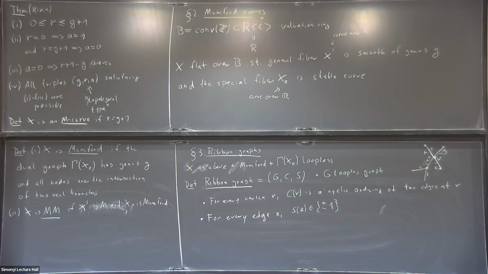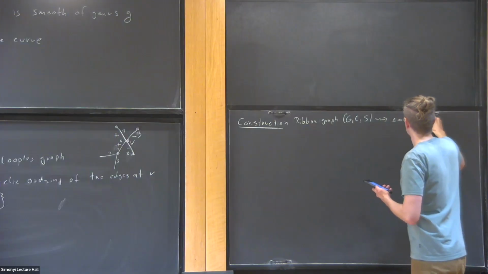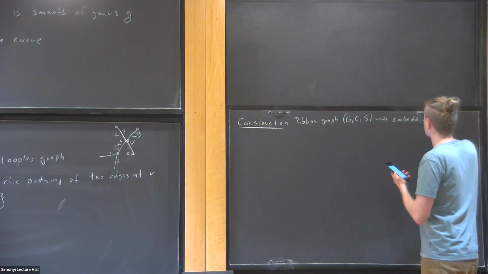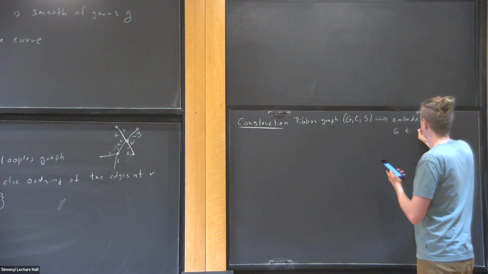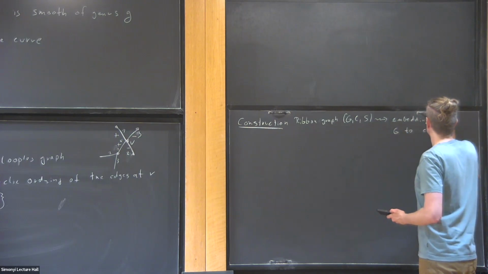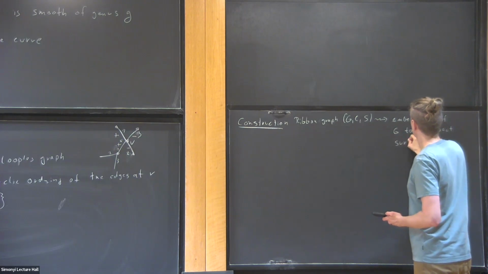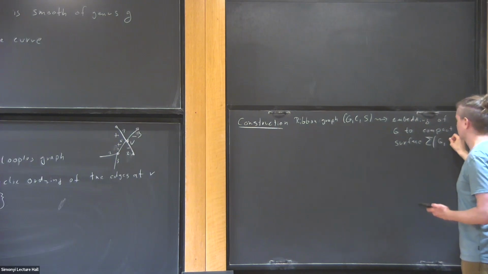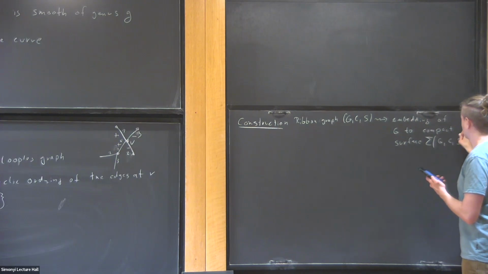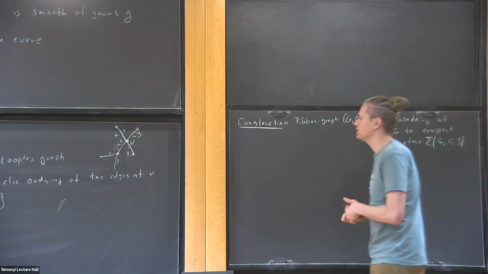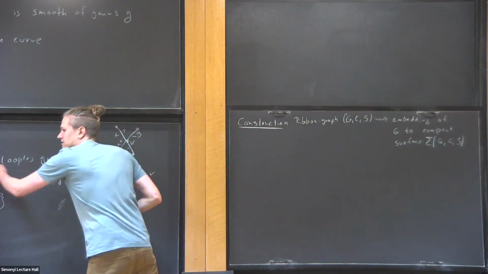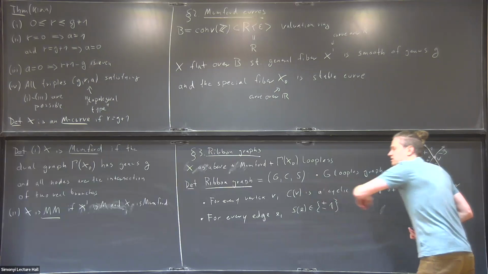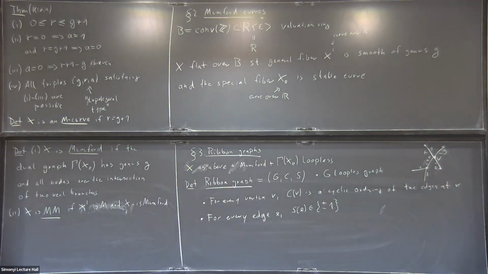Ribbon graph, compact surface. So the high-level answer for the role of the S is that this makes it possible that you get non-orientable surfaces.